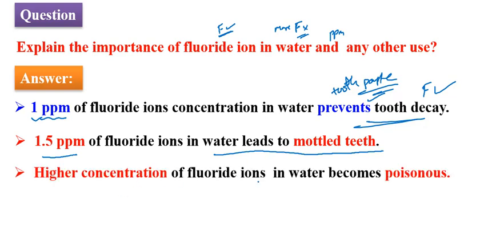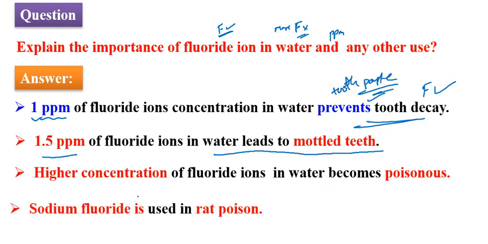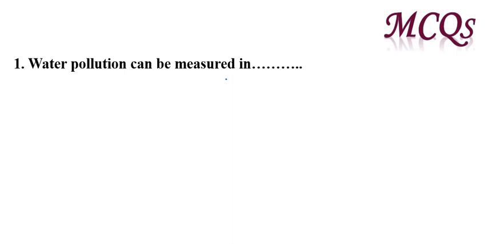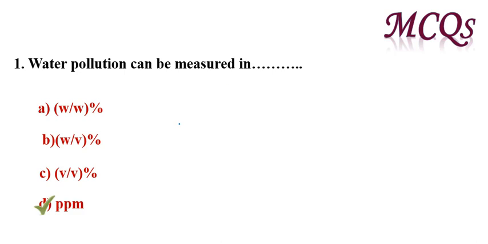A higher concentration of fluoride ions in water becomes poisonous. Sodium fluoride is used in rat poison, right? Water pollutants can be measured in small quantities, that's why obviously ppm. So D will be the answer.